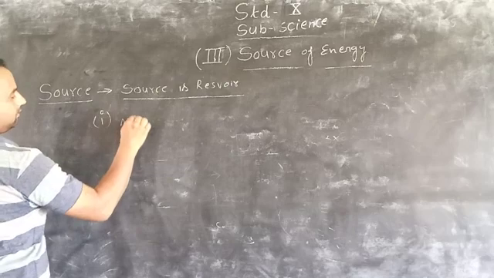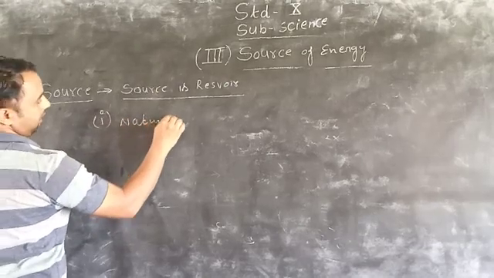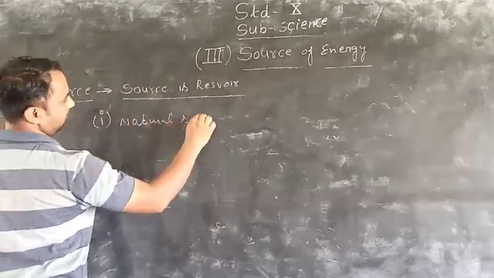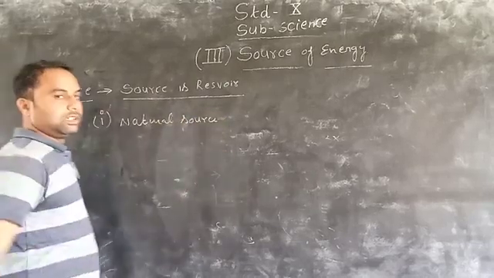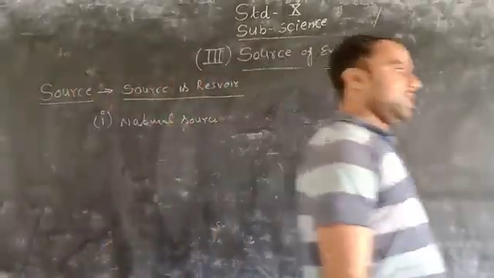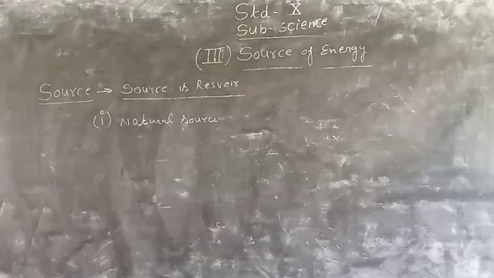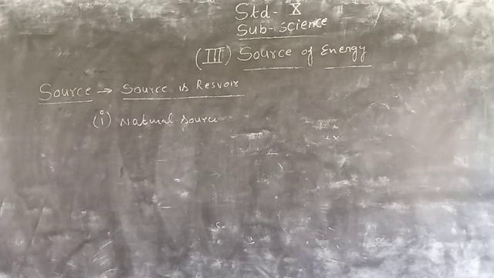First is natural sources, and second is artificial sources. Natural sources are those obtained from nature, which cannot be created by human beings.